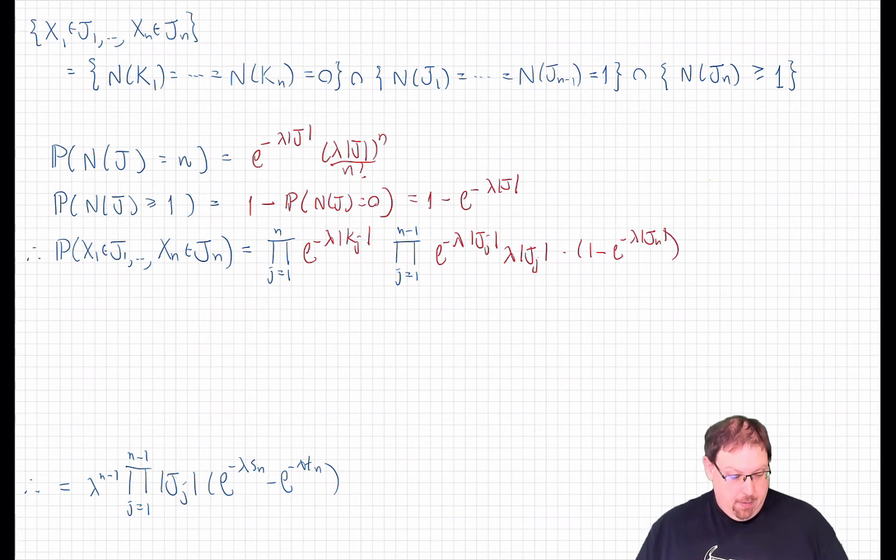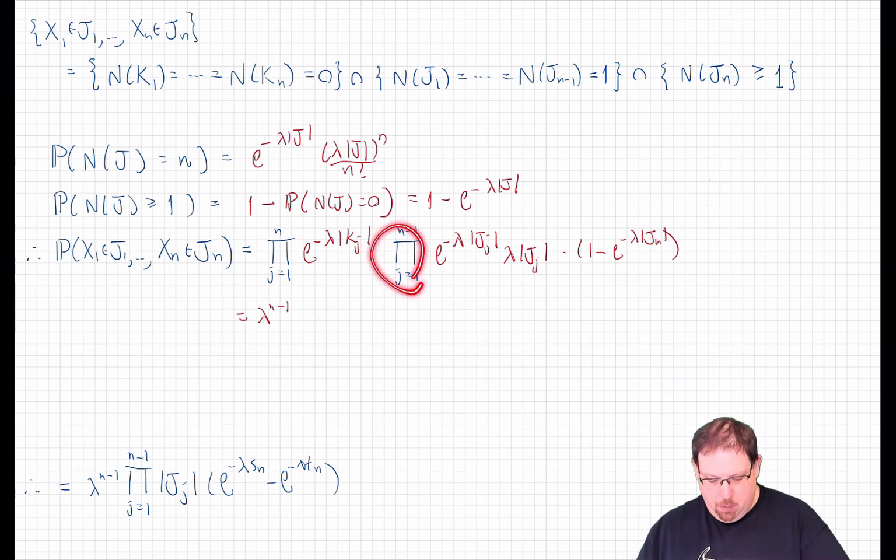So there we have a completely explicit formula, and we can nicely simplify it. Let's take these lambdas, there are n minus 1 of them, out of the product. So that's lambda to the n minus 1. Let's combine these two products with each other. Problem is that there's an extra one hanging out over here, so let's take the product up to n minus 1 in both of them, and take that extra term out at the end.